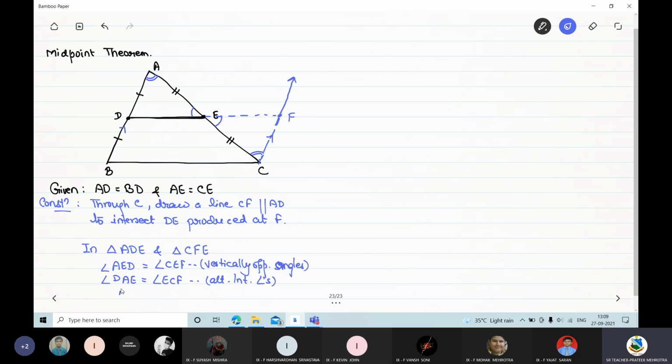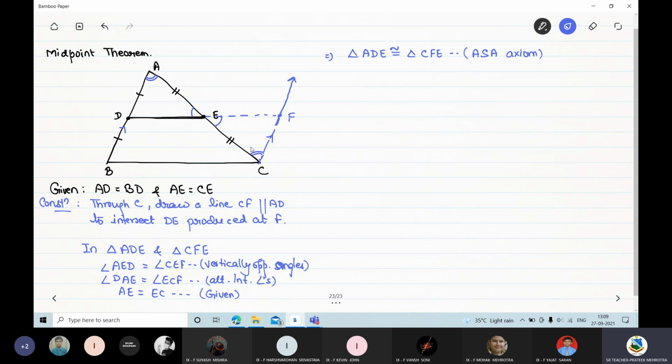Also, AE is equal to EC. This is given to us already in the question. So this implies that triangle ADE is congruent to triangle CFE, and this is congruent by the angle side angle axiom.